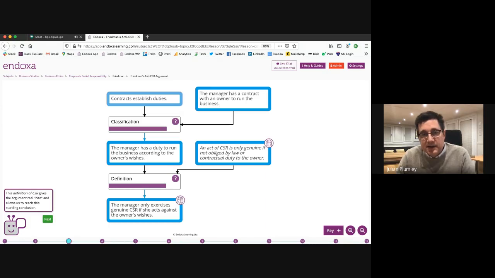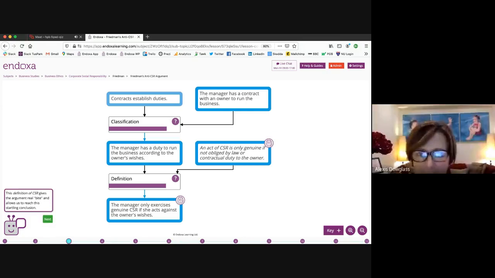So this second step of the argument here has these two premises, and you can see the direction in which the arrows go, and it moves to this conclusion. So you always know which way the logic is running.